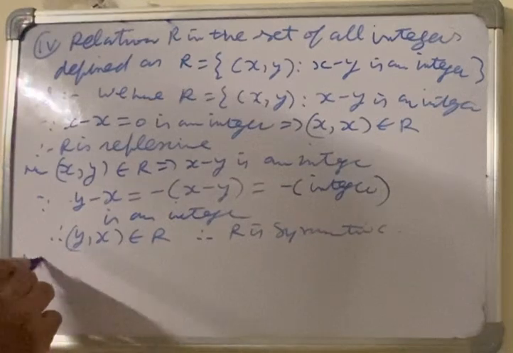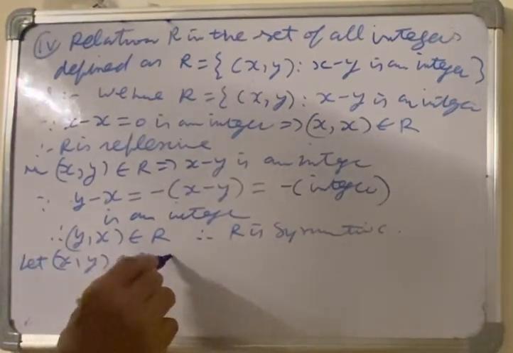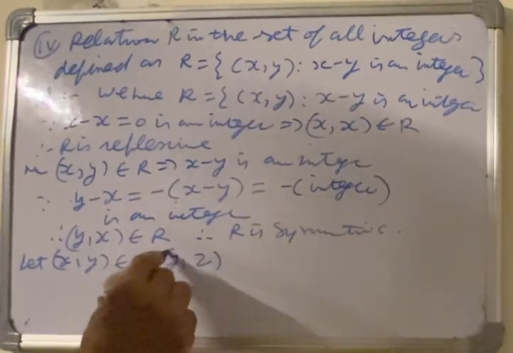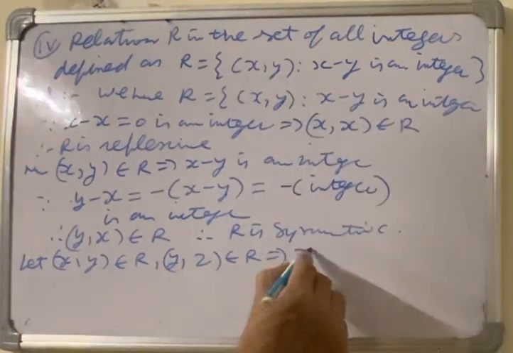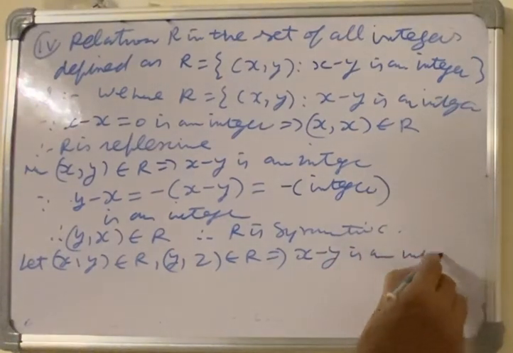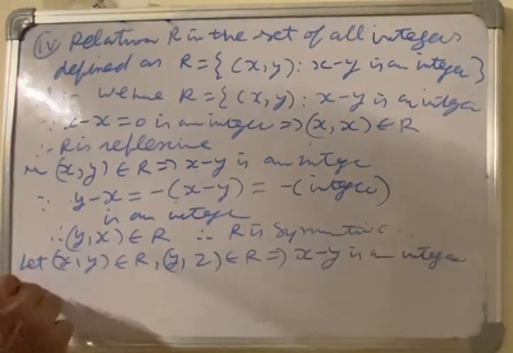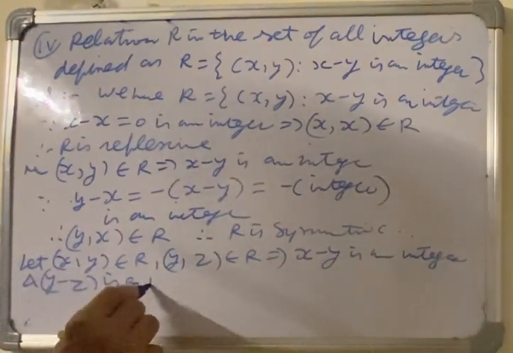Now let (x, y) belong to R and (y, z) belong to R. That means x minus y is an integer and y minus z is an integer.